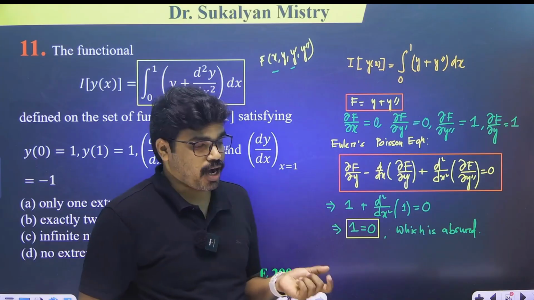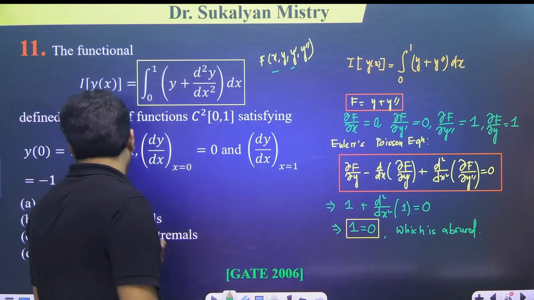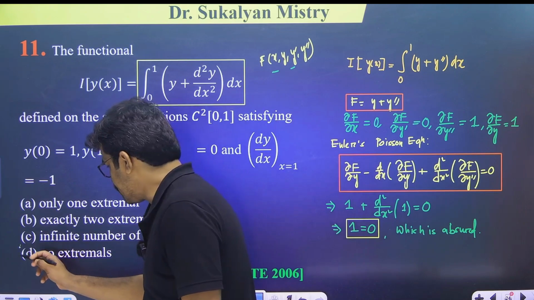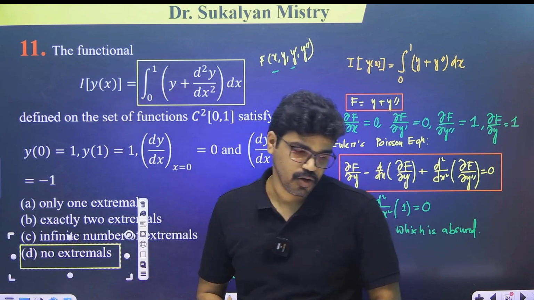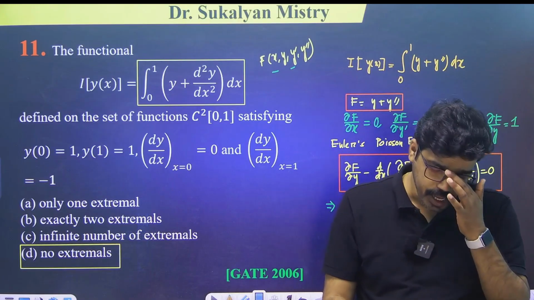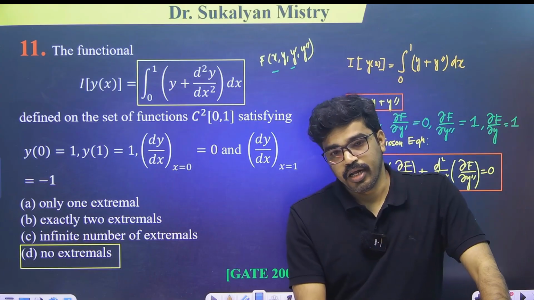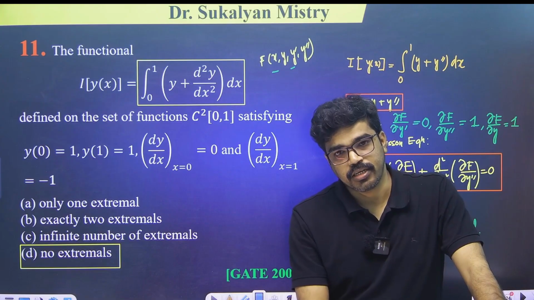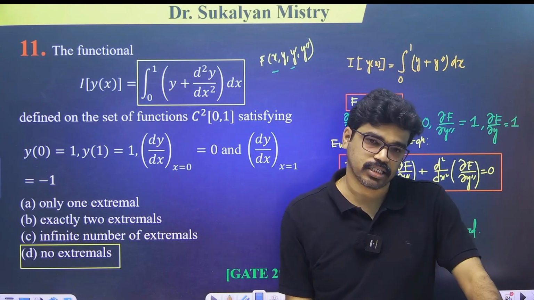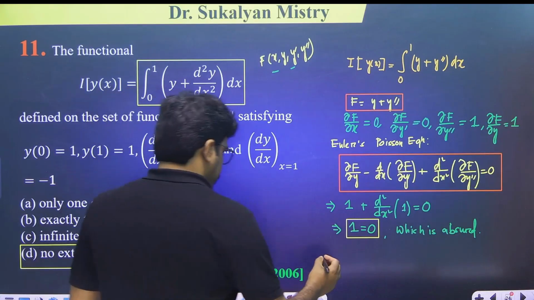So the given functional cannot admit any extremal. Okay, so no extremal. So option D is the correct answer. We see that 1 is equal to 0, which is absurd. So therefore we conclude that the given functional cannot admit any solution. Okay, so the given functional has no extremal. Clear?